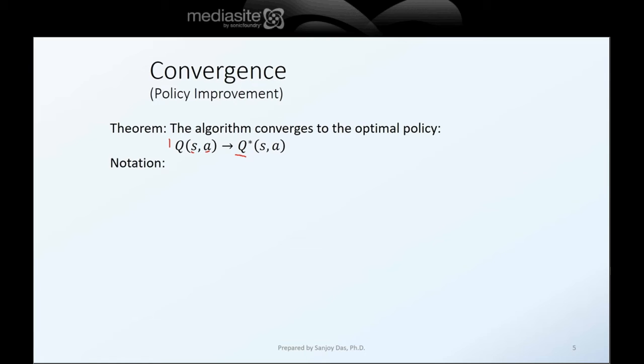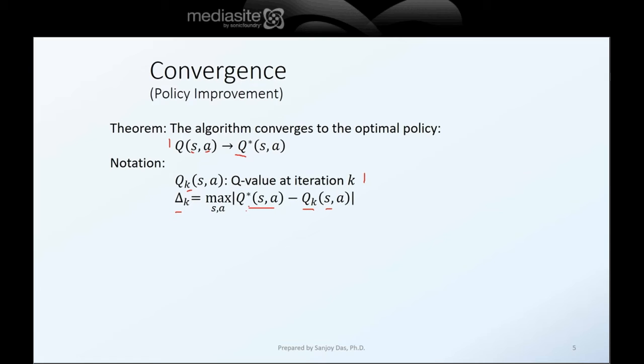And a little notation, Q K (S, A) will denote the Q value at iteration K. And delta K will be the maximum of the difference between Q star and Q K. So we are in iteration K, and given any state S, A, the Q K (S, A) is the value of Q at the current iteration, and Q star (S, A) is the corresponding value at the optimum, which is the maximum, by the way, Q star.